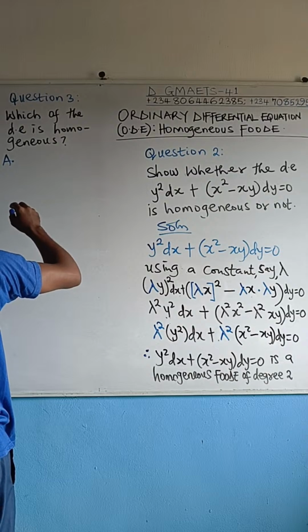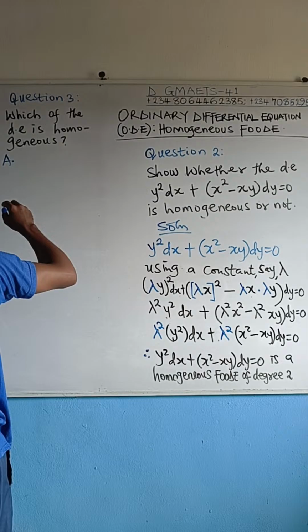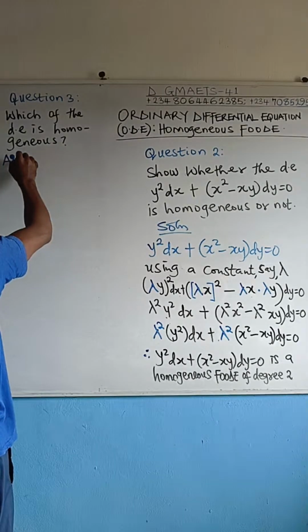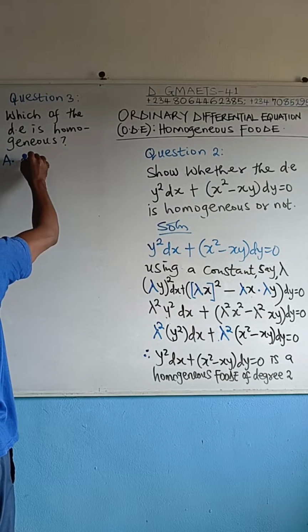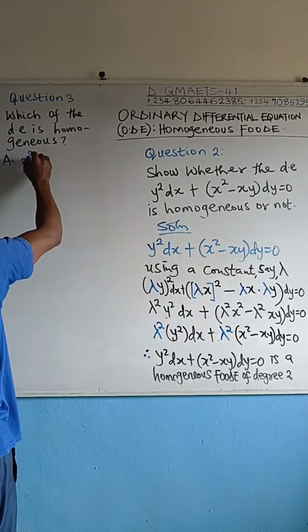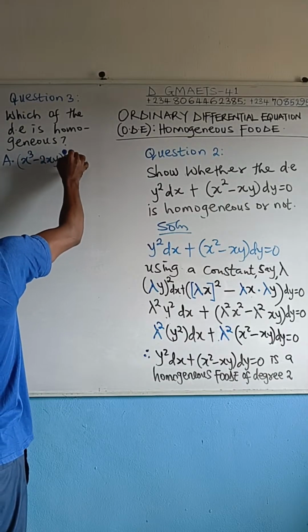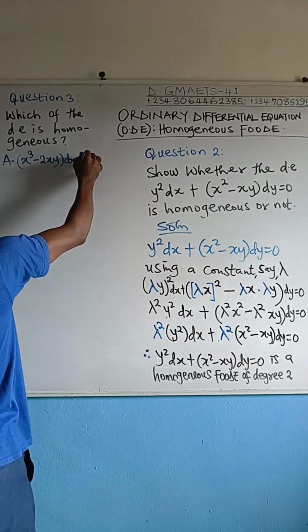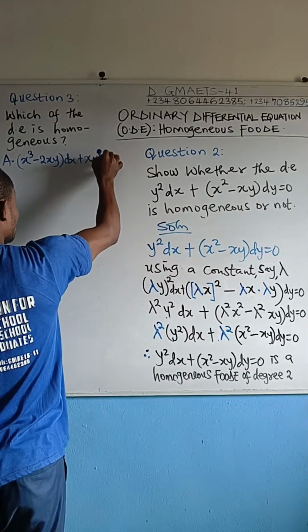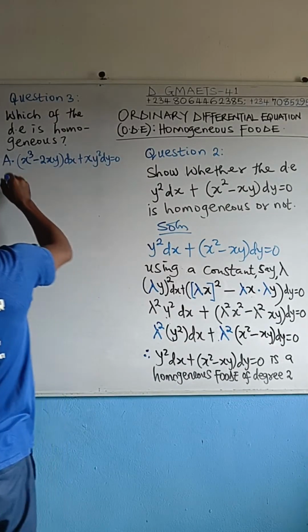So I shall give you this particular one. A: x cubed minus 2xy, dx plus xy squared dy equal to 0.